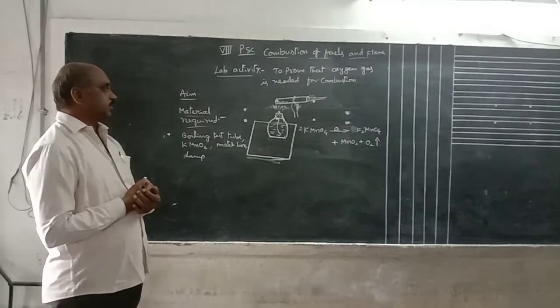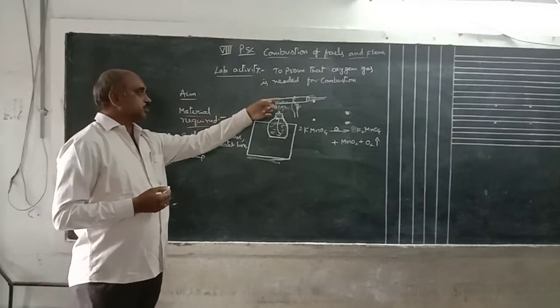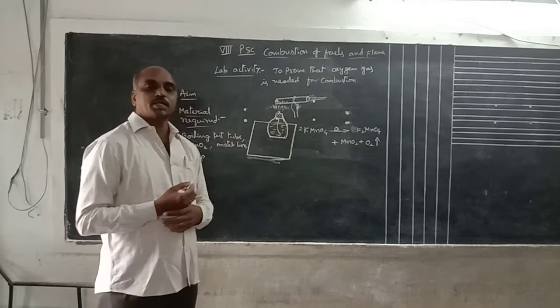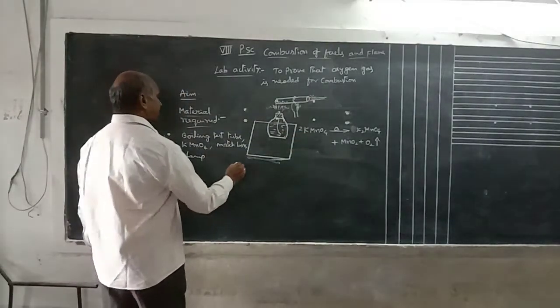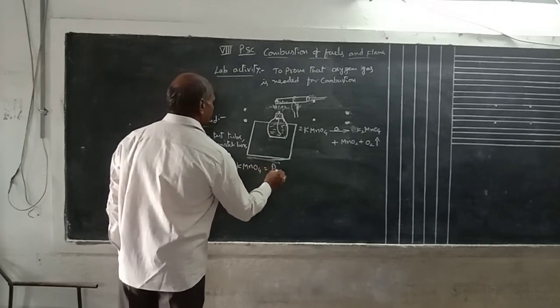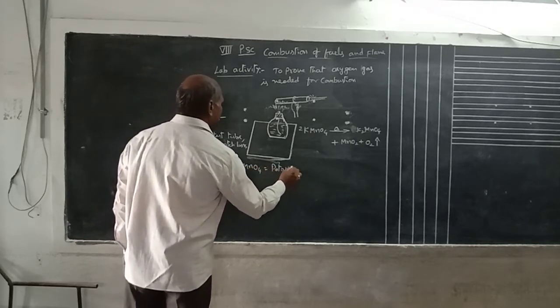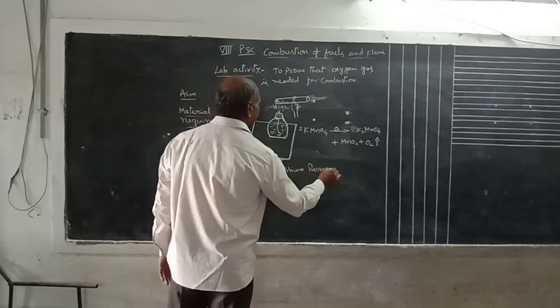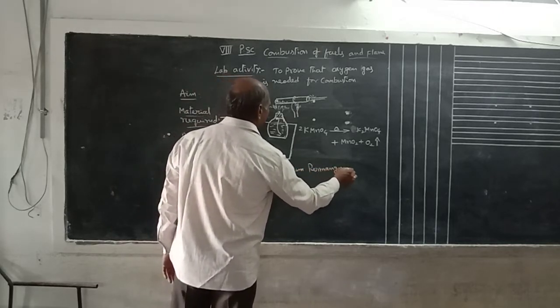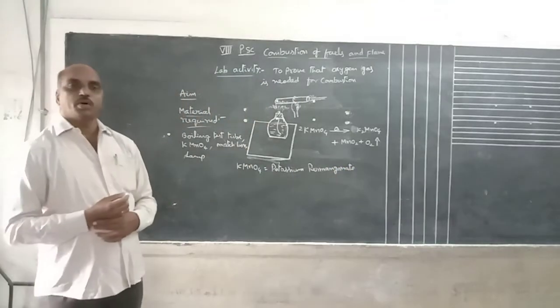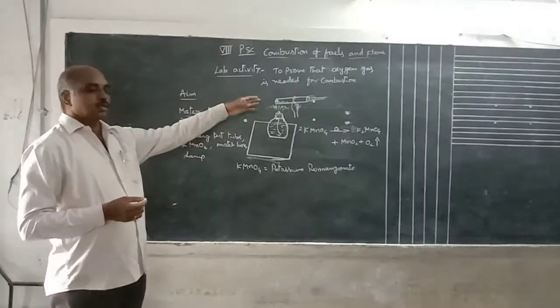Light the burner. Take a dry boiling test tube and put in some quantity of potassium permanganate, KMnO4.